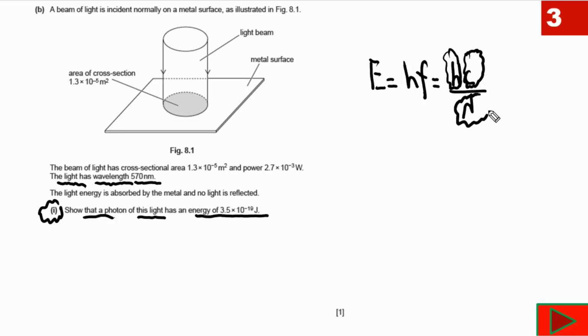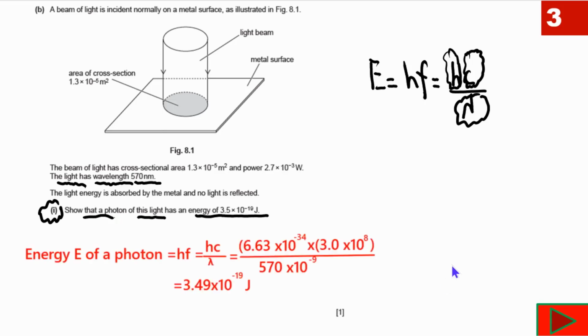and lambda is given. Simply we need to plug in values and we can find out the energy of a single photon. So this is how we can calculate. In this case, you can see I have just plugged in the given values and done these calculations.